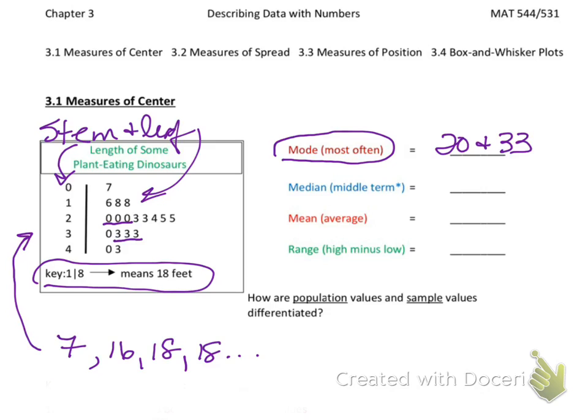Median. Median is the middle term. Now, notice I have a little asterisk right here. That's because it's the middle term if you have your data in order, either from low to high or from high to low. This data is organized in the stem and leaf chart, and therefore it goes from low to high. If you count all your terms, I believe there are 18 of them. So the middle term is not actually part of the data.